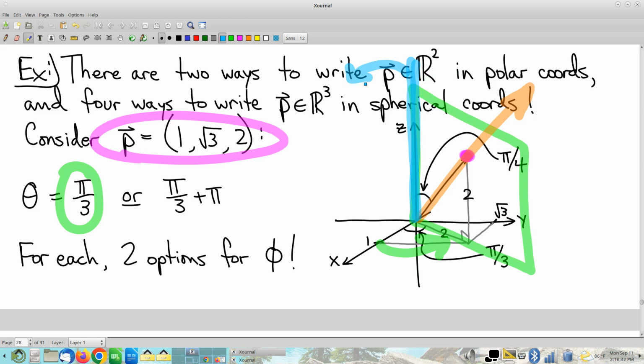And I could talk about going in that wrong direction all the way down to where I'm going like this in exactly the wrong direction, and then just choosing a negative value of rho would get me to where I want to be.